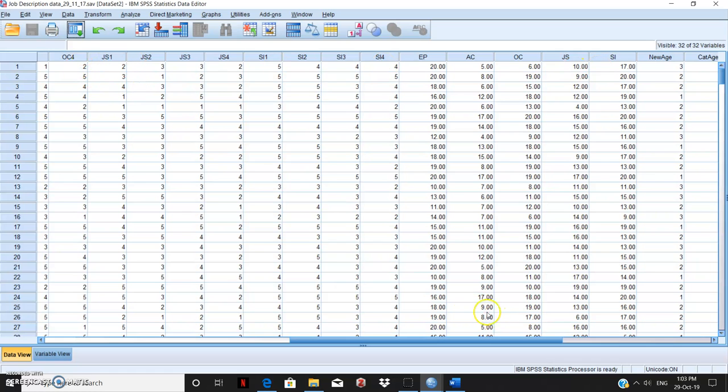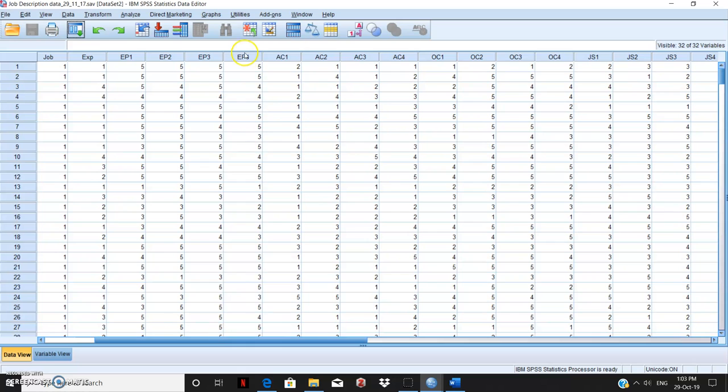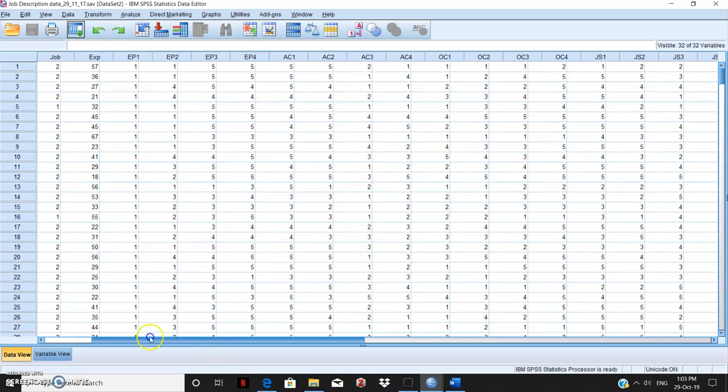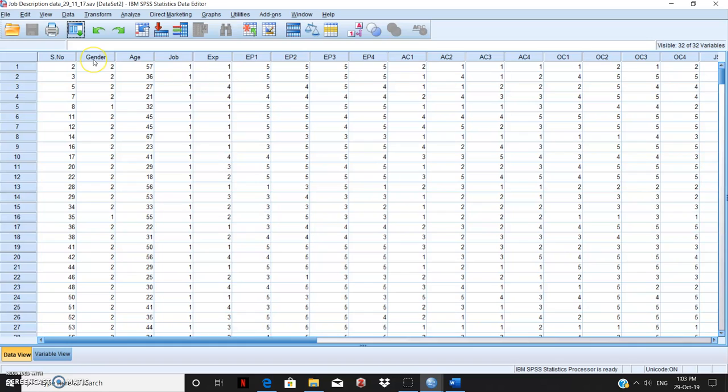And gender is a nominal scale with two options only. So this is the condition for doing a t-test. One variable should be nominal, the other should be a scale.